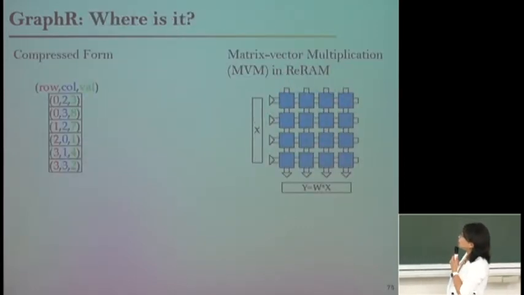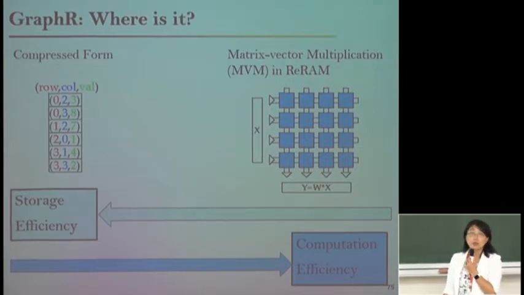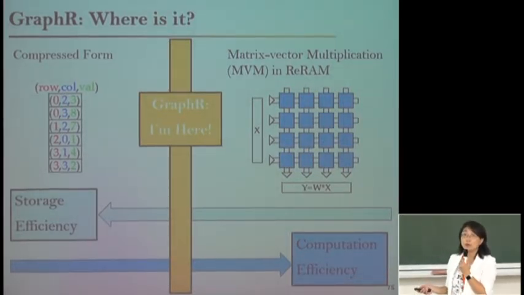The related operations become complex. As you can see, the compressed forms improve the storage efficiency, while the matrix-vector multiplication we talked about through the RMs is aimed at improving the computation efficiency. So we propose to use RM to make a trade-off between storage and computation.